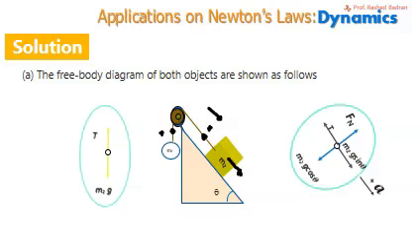So in this case, we have two free body diagrams, and from these diagrams we can get three equations: one for the first mass along the y-axis, one for the second diagram along the x-axis, and the third equation along the y-axis.